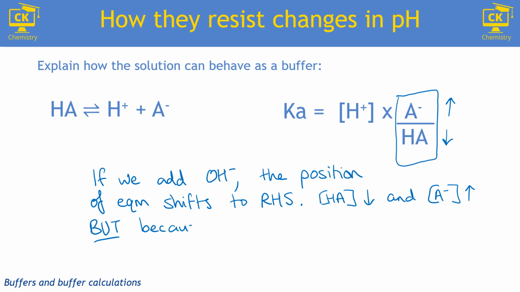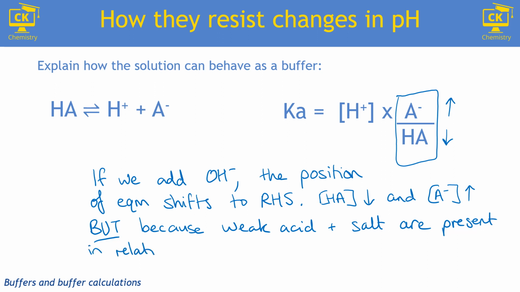But because the weak acid and the salt are present in relatively large amounts, which is sometimes called a reservoir, then we can say that the ratio remains relatively constant.